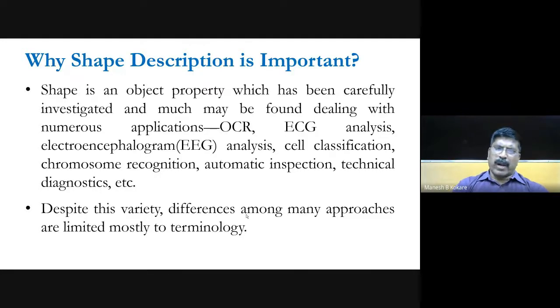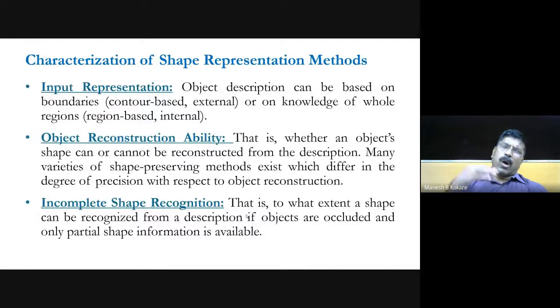Despite the variety of differences among many approaches, which are limited mostly to terminology, let us see in what way the shape models or shape methods are developed. One characterization of shape representation methods is the input representation, where the object description can be based on the boundaries.